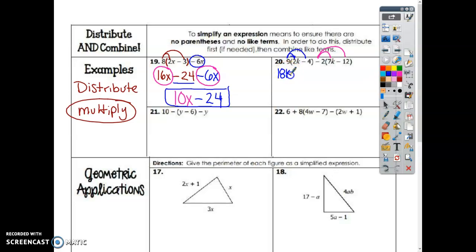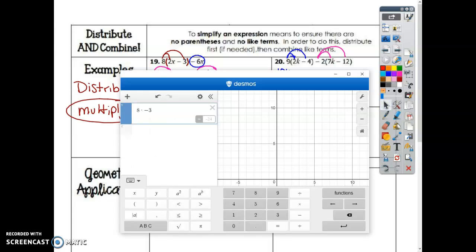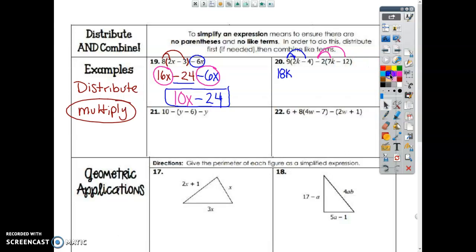I multiplied 9 times 2, and then the K just comes with it. What's 9 times negative 4? Nine times negative 4. Negative 36. Okay, so this one's done.